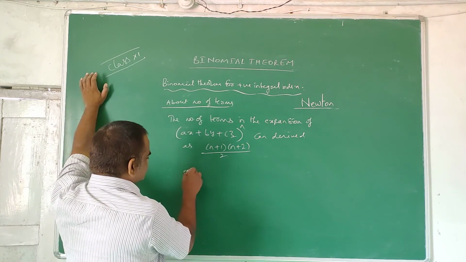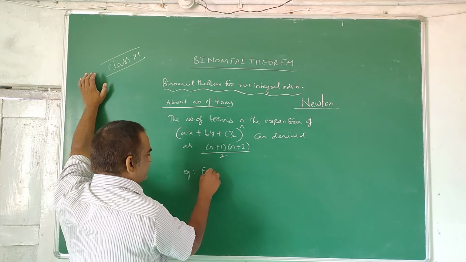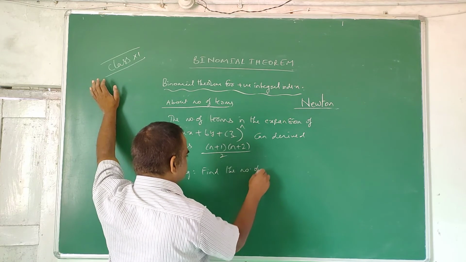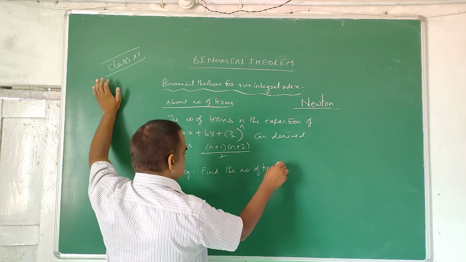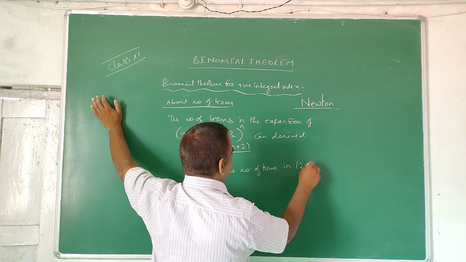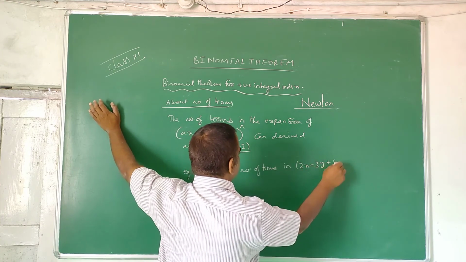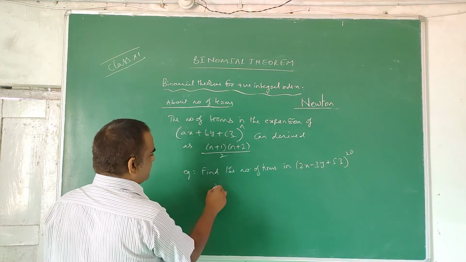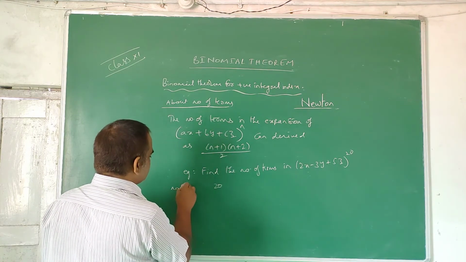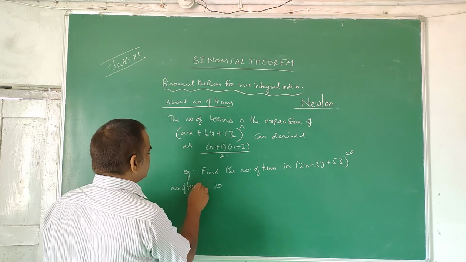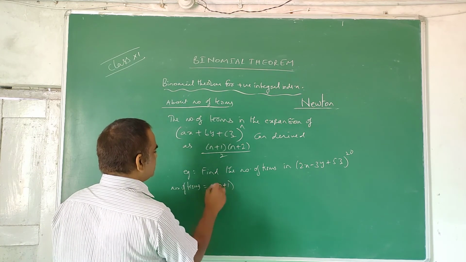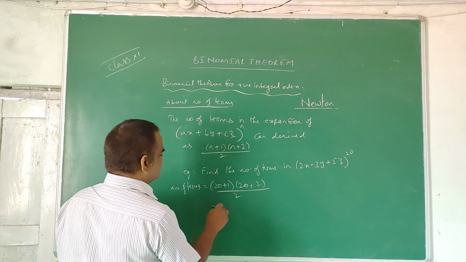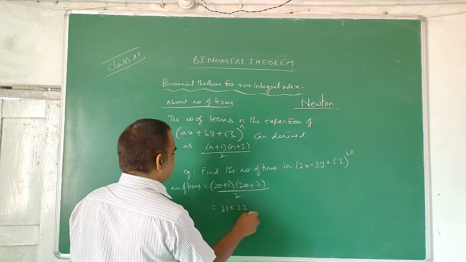For example, find the number of terms in 2x minus 3y plus 5z whole to the power of 20, say. So this formula you have to use. The number of terms in that expansion is n plus 1 into n plus 2 by 2, which is 21 into 22 by 2.